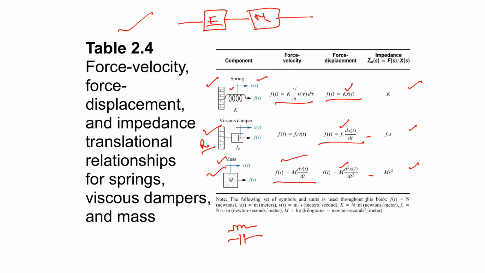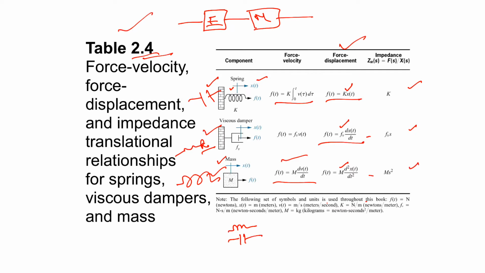Also, if we compare the force displacement column of table 2.4 and the voltage charge column of the previous table 2.3, it leads to the analogy between mechanical displacement and electrical charge. We also see the spring is analogous to capacitor, mass is analogous to inductor, and the damper is analogous to resistor.